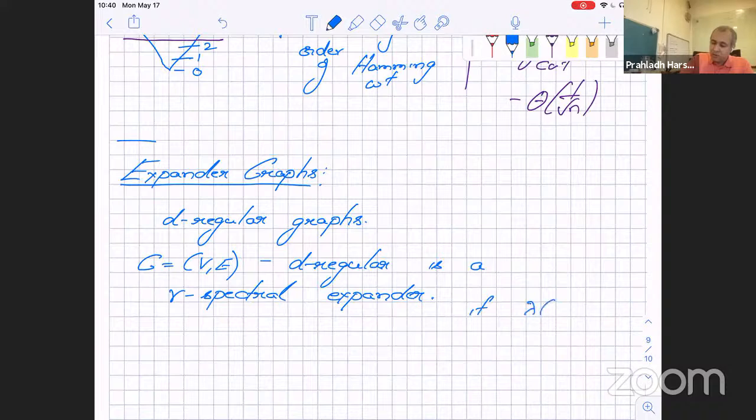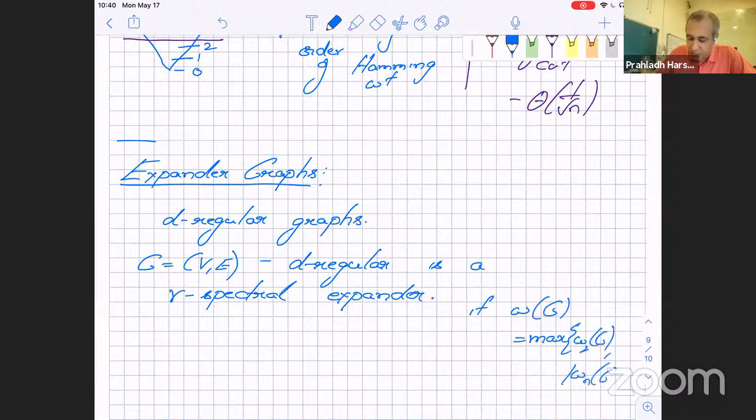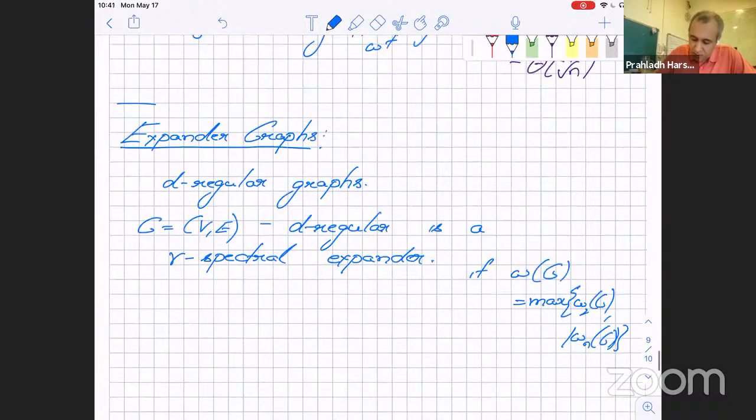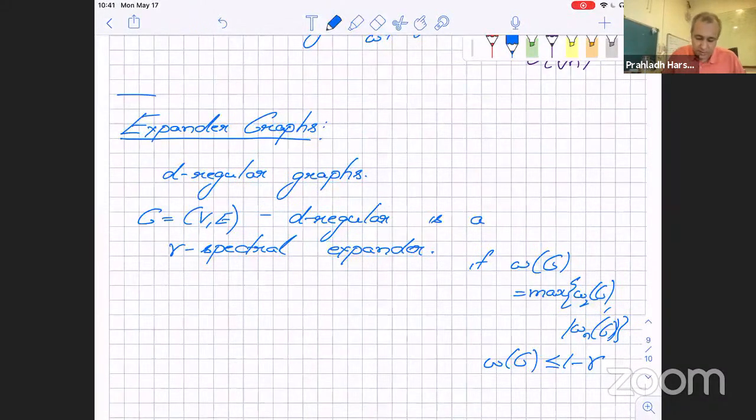let me not call it lambda of G, let me write it as omega of G, which is the max of omega 2 of G and omega n of G. This quantity omega of G is less than or equal to 1 minus gamma. Let me state what is happening.